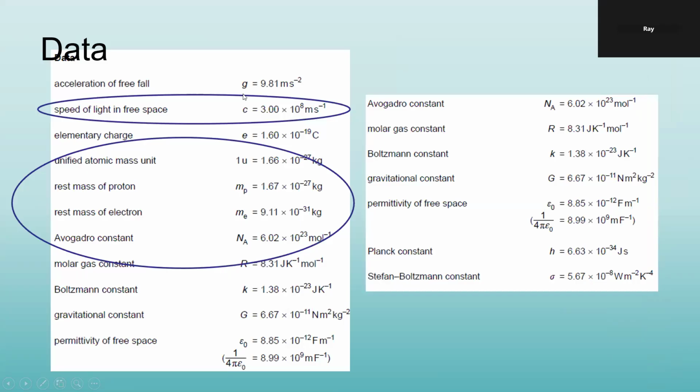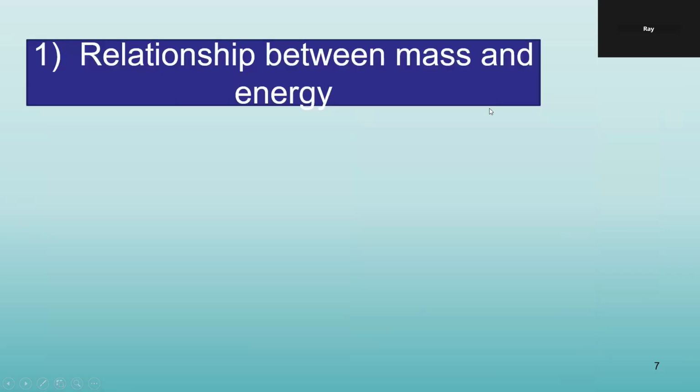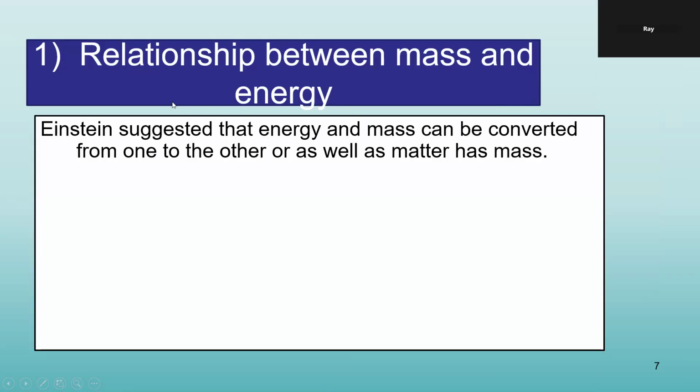These are the data that we will be using: rest mass of proton, rest mass of electron, Avogadro's constant. Okay, relationship between mass and energy. Einstein suggests that energy and mass can be converted from one form to the other, as well as matter has mass.